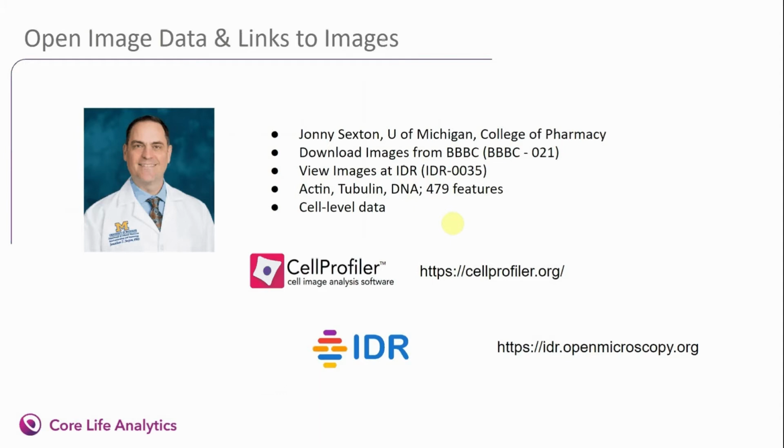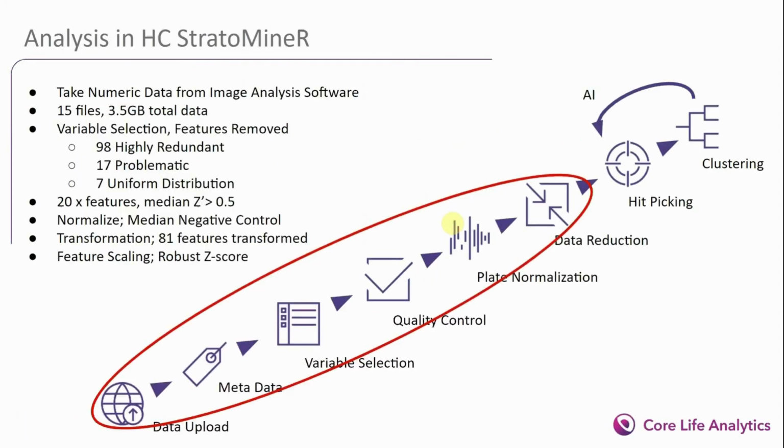And so then we were able to take the numeric data that Johnny extracted, and this was 479 individual numbers, and this was done at cell level, meaning we had 479 features for every cell in the data set. And so this rich, large data set we were able to run through Strataminer, and again, as I described earlier on, we were able to upload the data, identify the metadata, and then carry on through the process of normalization, transformation, and scaling until dimensionality reduction.